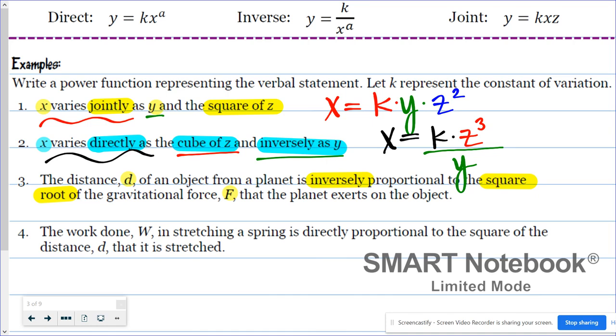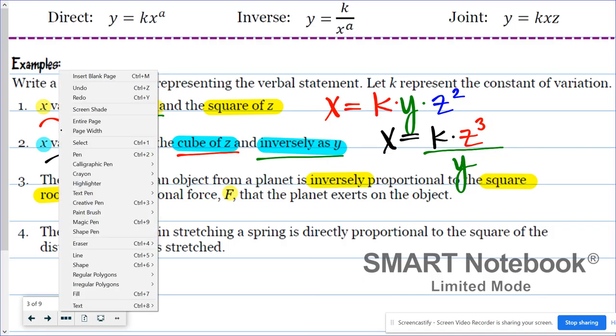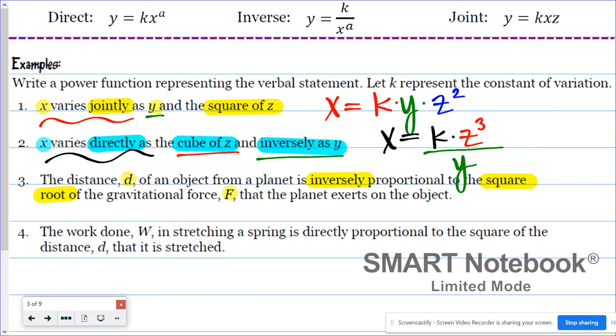So d inversely square root F is essentially all you really care about. We have d, and it's inversely proportional, so that's division: k divided by the square root of F.